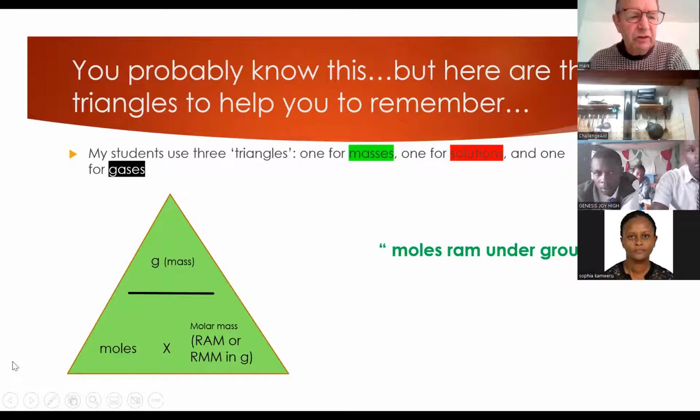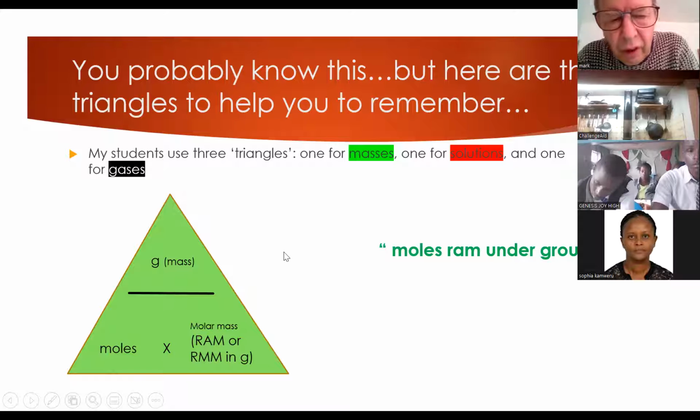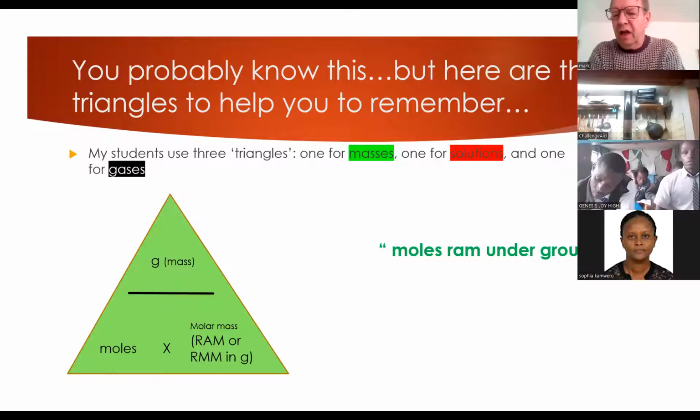And this is what I use. These are the triangles which I use, and I have silly ways of remembering them. Okay, the first one has grams at the top, moles down bottom left, and the RAM or the RMM down the bottom right. Now, if I want to work out the number of moles, I just cover the bit that I want.